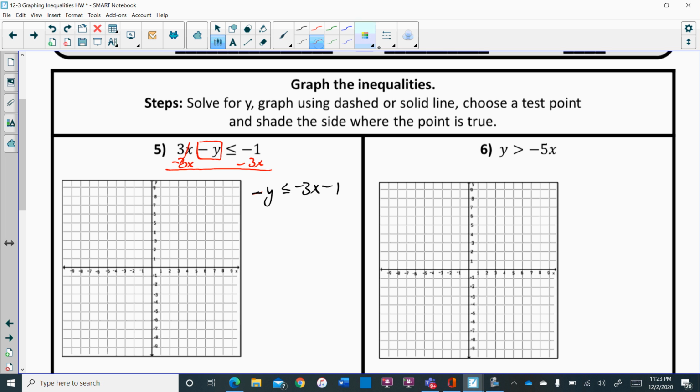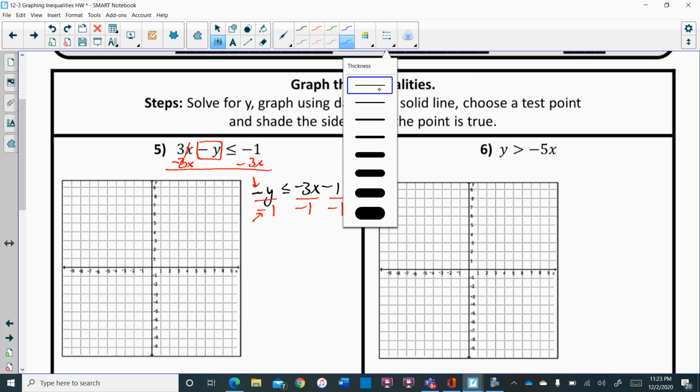Now, we have to pay attention to this negative sign. You can't have a negative variable that we're solving for. So here you would need to divide everything by -1. But because we're dividing by a negative number, you have to remember the rule. The rule says to flip the symbol.